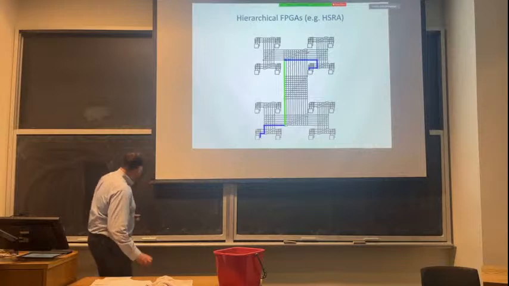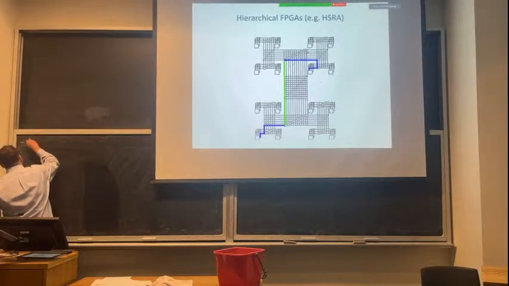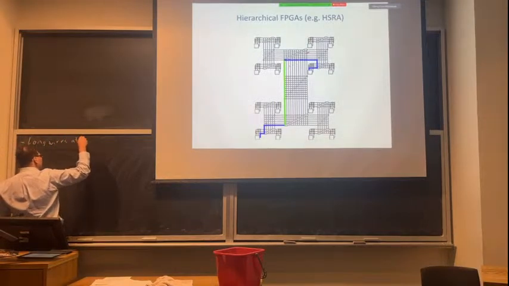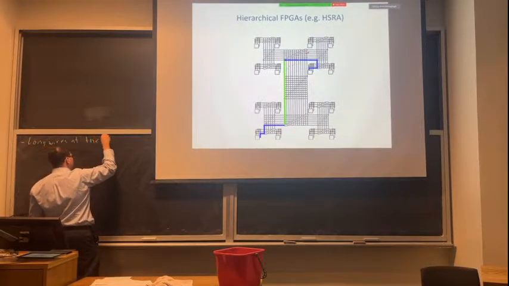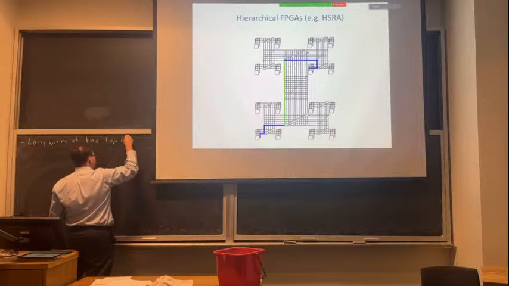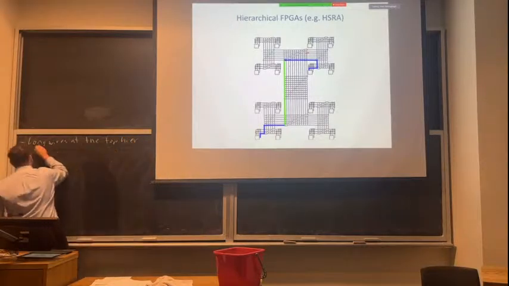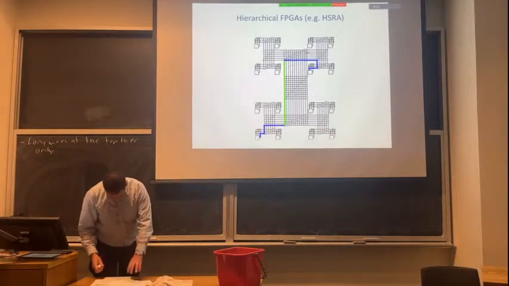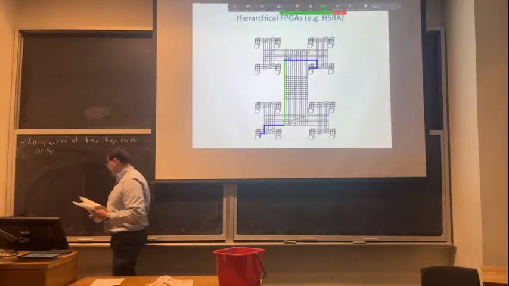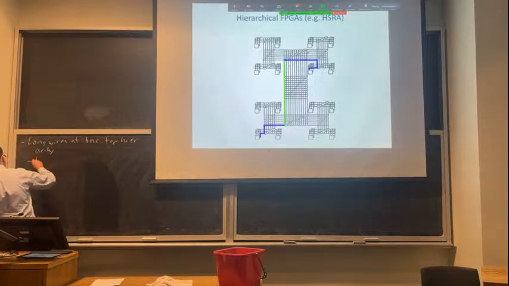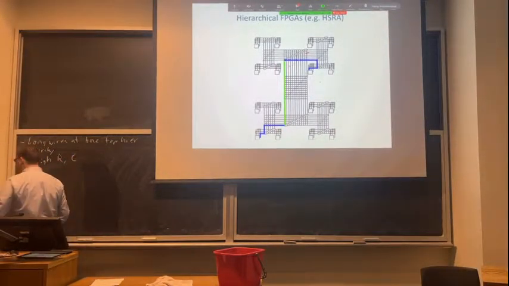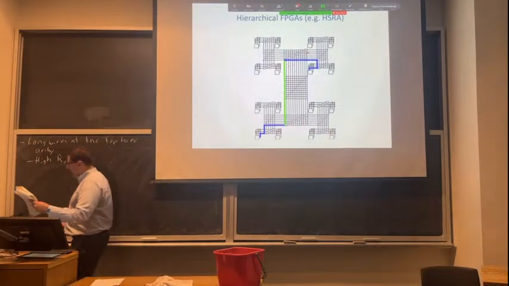So we have long wires at the top of the hierarchy, like the highest hierarchy level. Basically they have high resistance, they have high capacitance, and that means they're slow.